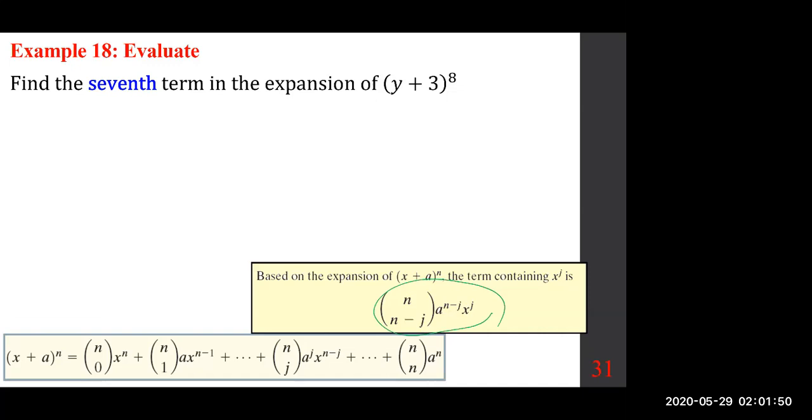Based on the expansion, the term containing x to the power of j is C(n,j) a to the power of n minus j, x to the power of j. I want you to go back to your notes, take a look at what I did in the previous page as I was expanding something and showing that to you.